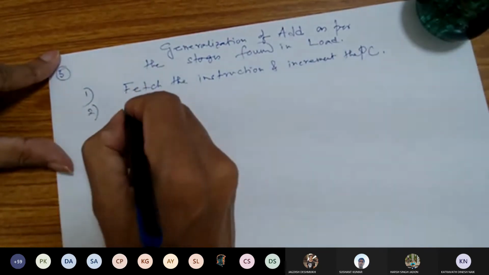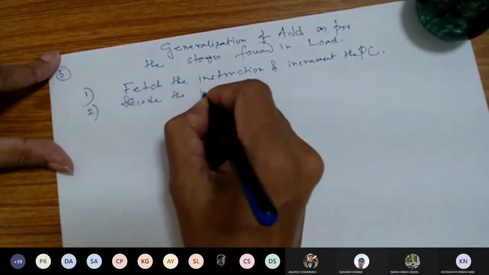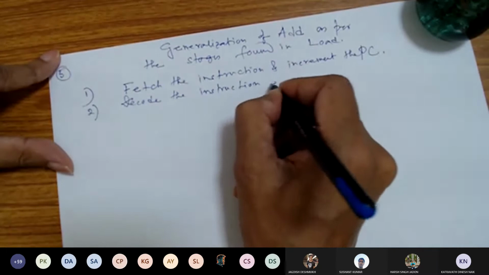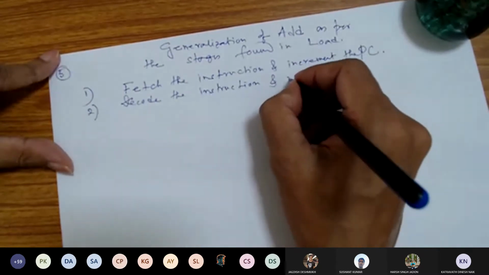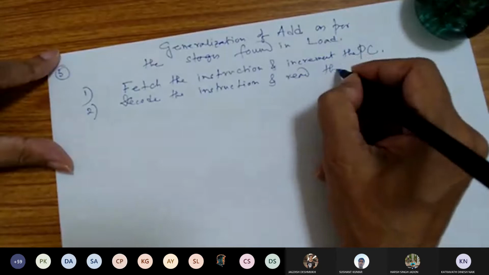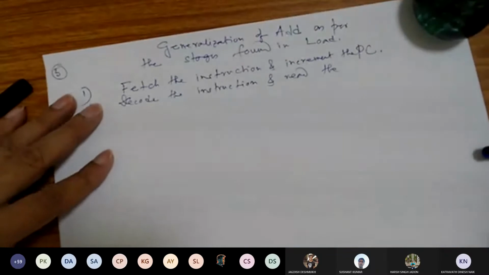Second one will be decode the instruction and read the operands. Just a minute.